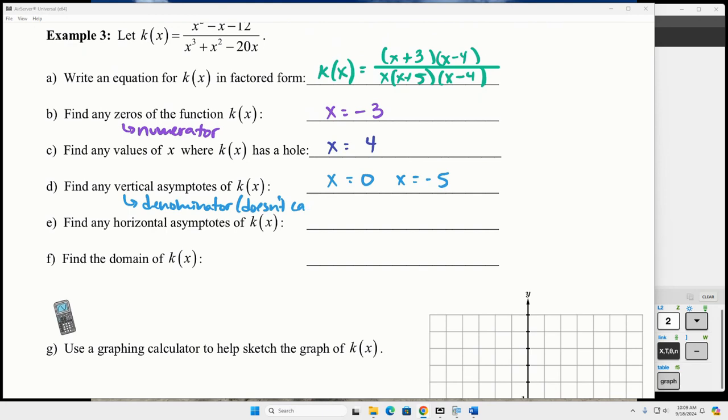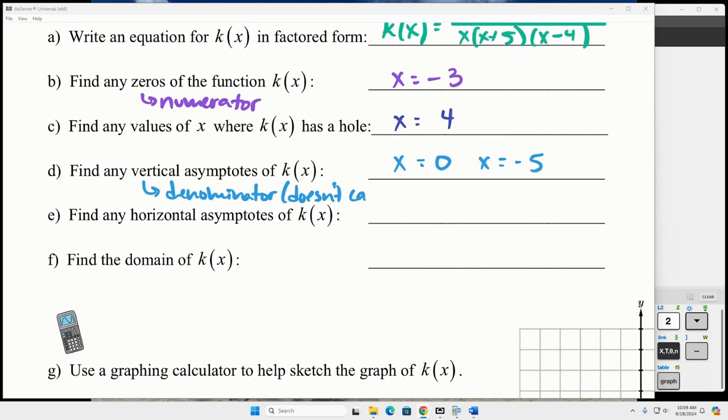All right, so this says denominator doesn't cancel. And this is denominator and numerator, but we're going to say denominator and it cancels. Okay.